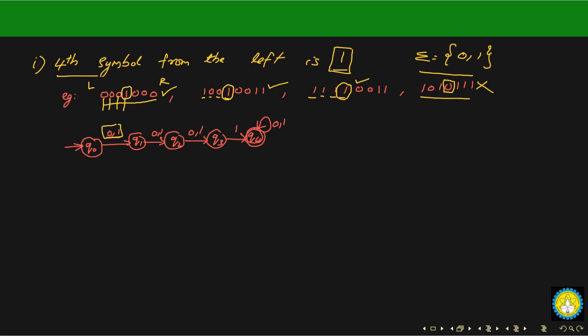The first alphabet can be 0 or 1, the second alphabet can be 0 or 1, and the third alphabet can also be 0 or 1. But the fourth alphabet has to be a 1. If you get a 0 here, that means a string like this, it will reach up to Q3, and from Q3 it will go to a dead state. So this NFA will accept all the strings whose fourth symbol from the left is a 1.